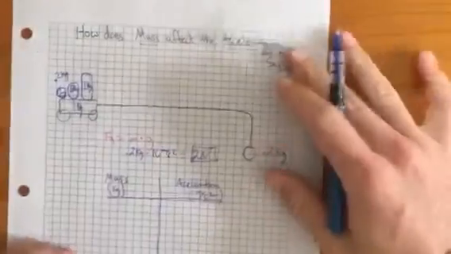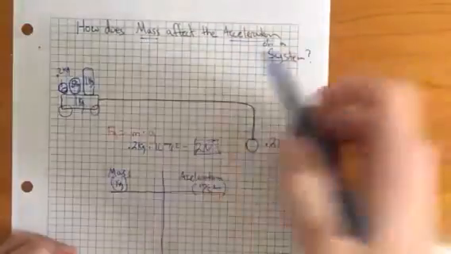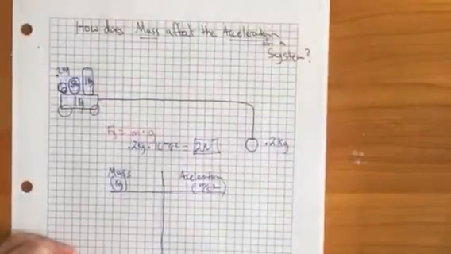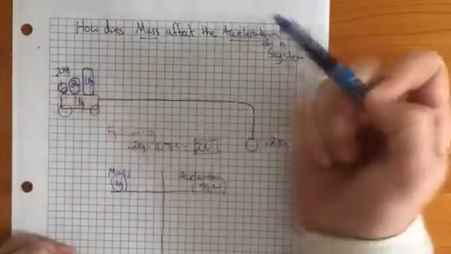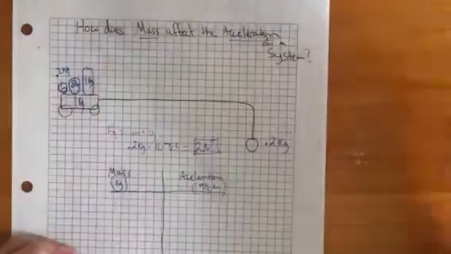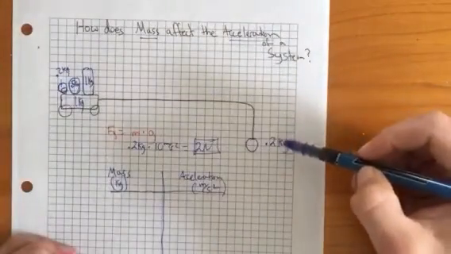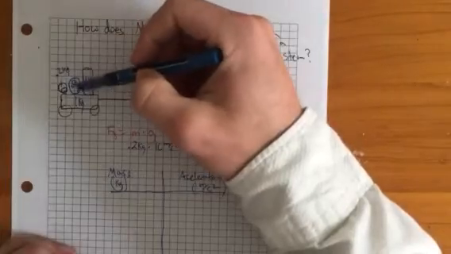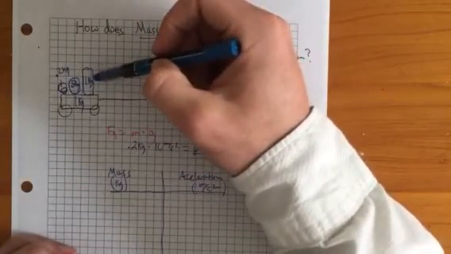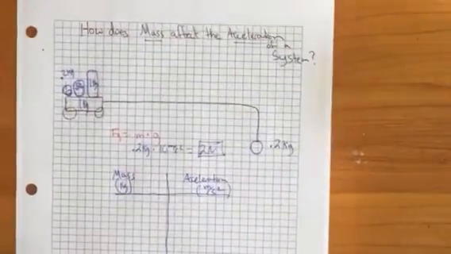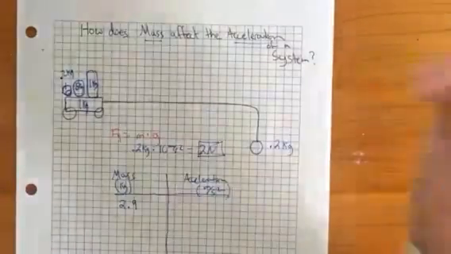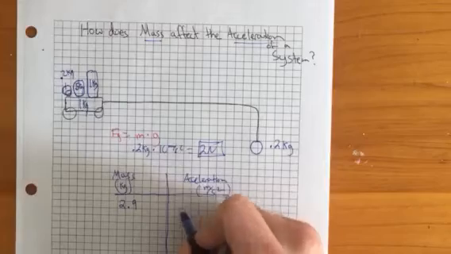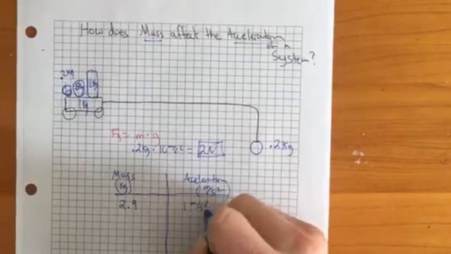Well, we've been talking about the whole system. So how does mass of a system affect the acceleration of a system? That would be 1 kilogram plus 1 kilogram plus 0.5 kilograms plus 0.2. Let me do this really quickly. 0.2 plus 0.2 is 0.4, plus 0.5 is 0.9, plus 1 is 1.9, plus another 1 is 2.9. So we have 2.9 kilograms of mass to start, and say this thing accelerated at 1 meter per second squared.